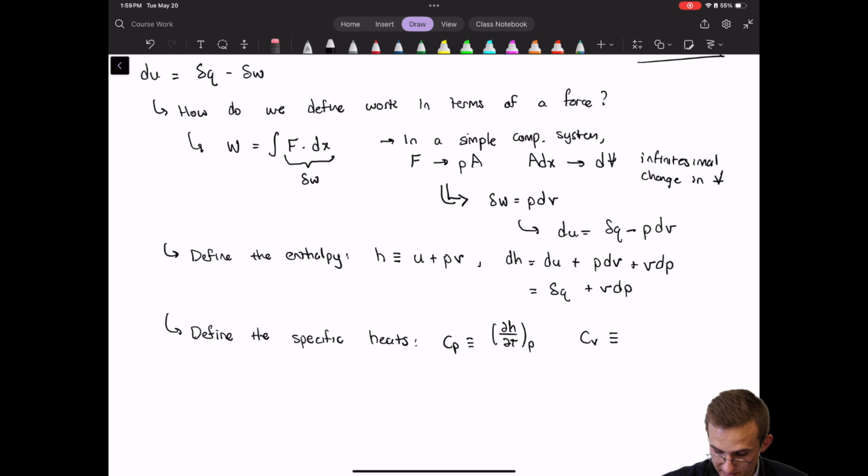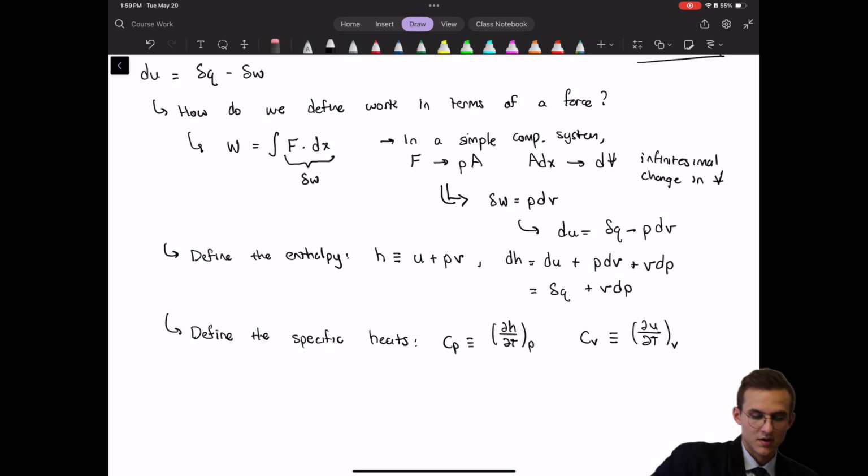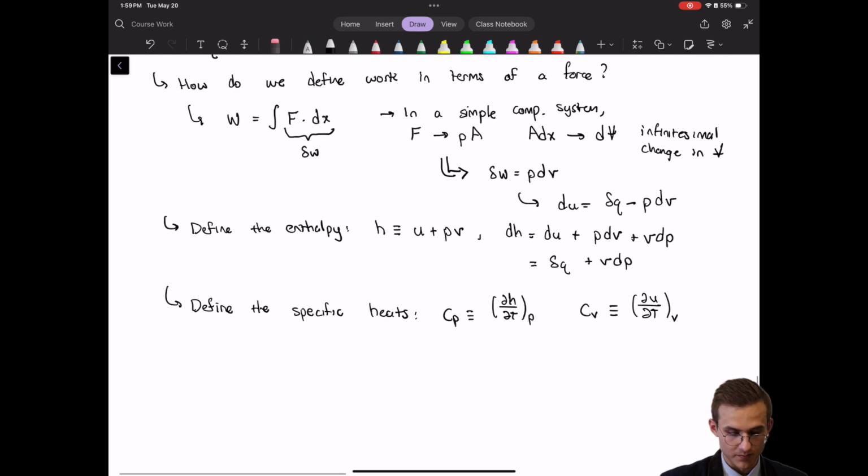And then we also have Cv, which is defined as the partial derivative of the internal energy with respect to temperature at constant volume, okay? And again, these are things that will pop up as we start to delve into these systems.